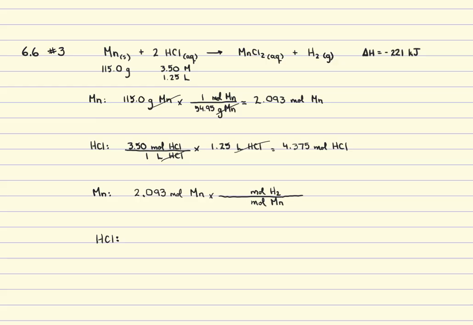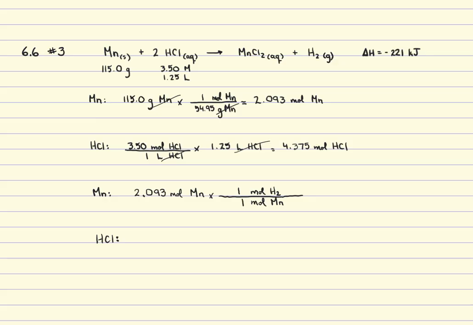And I chose this one because part C is asking about hydrogen gas. Now the numbers that you fill in, I've handled the dimensional analysis here, but the numbers that go in this second expression are determined by the balanced chemical equation. And you can see that 1 mole of hydrogen gas is formed by 1 mole of manganese.